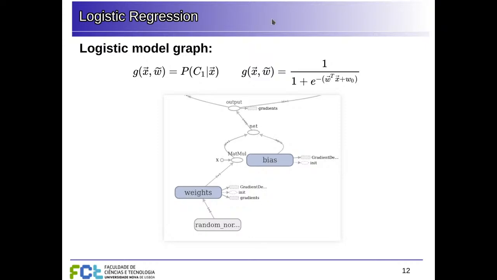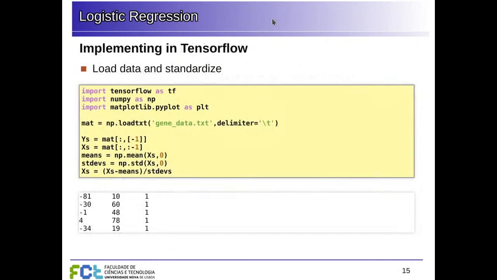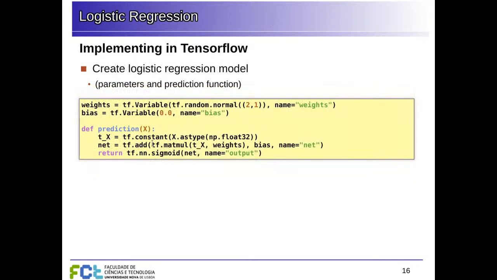This net result is the result of these operations, the multiplication of the weights and the inputs, and then the sum of the bias. So you can add names to these different operations. The operations will be the nodes of the computation graph, and you can see the names of the nodes when you print out the graph. I'm not going to show today how to see the graph. We're going to see that next week with TensorBoard, but this is how you can make it easy to look at the computation and debug things, for example.